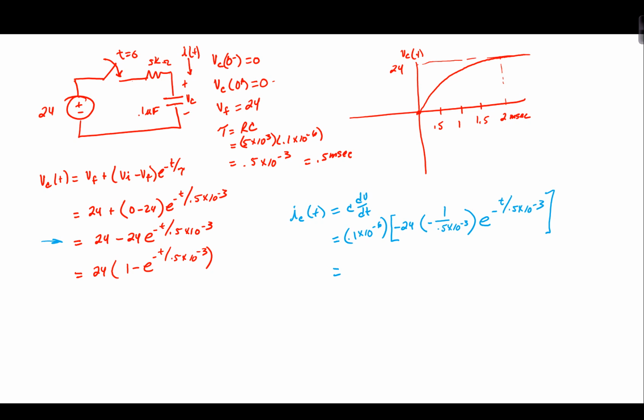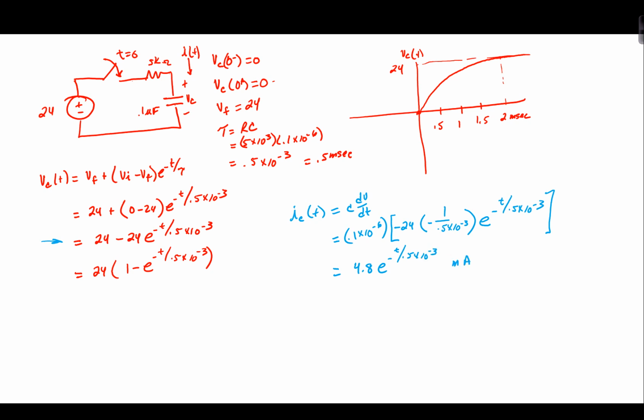Get the calculator out for this. 0.1 E minus 6 times 24 divided by 0.5 EE minus 3. That turns out to be 0.0048, so 4.8 times 10 to the minus 3rd, or we'll do it in terms of milliamps, 4.8 milliamps e to the minus t over 0.5 times 10 to the minus 3rd.